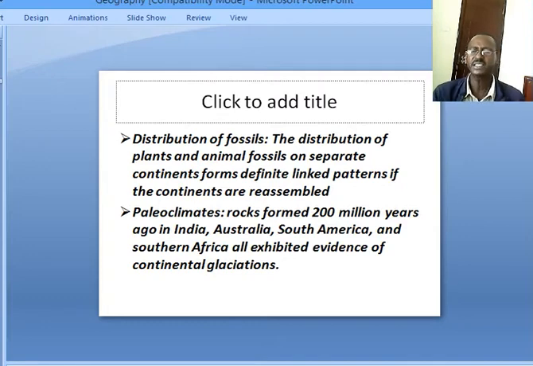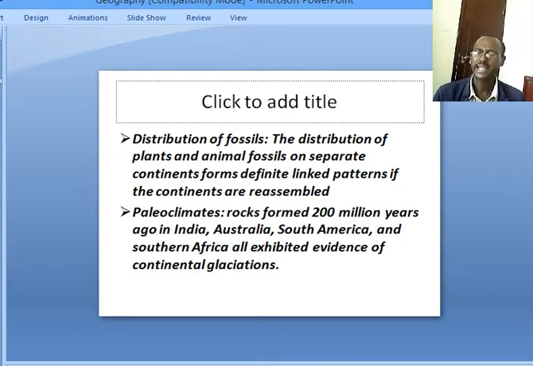The third evidence of Wegener is the distribution of fossils. The distribution of plant and animal fossils on separate continents forms definite linked patterns if the continents are reassembled. Meaning that if we go to these different continents and see the fossils, they have similarities, like the plants that grew in these different continents.